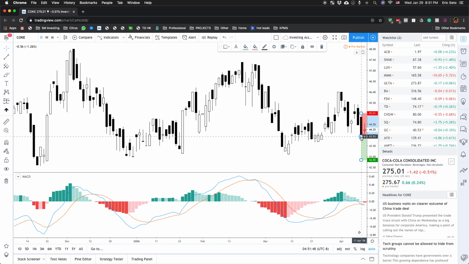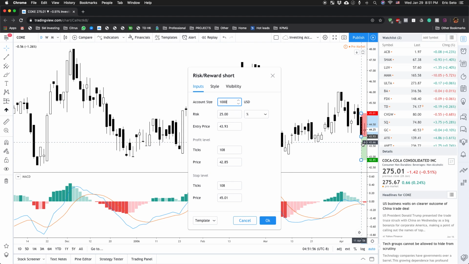Okay. So right now you can see that I can choose my risk level, my entry price, and then you can also see my exit price, profit level. In this case, I'm probably going to choose a dollar amount.